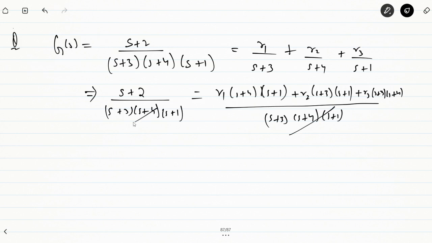Fine. So which implies s plus 2 is equal to r1(s plus 4)(s plus 1), this whole thing.